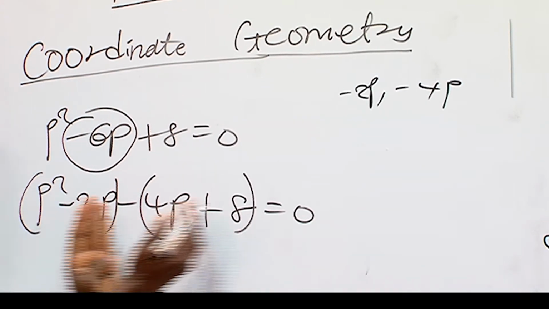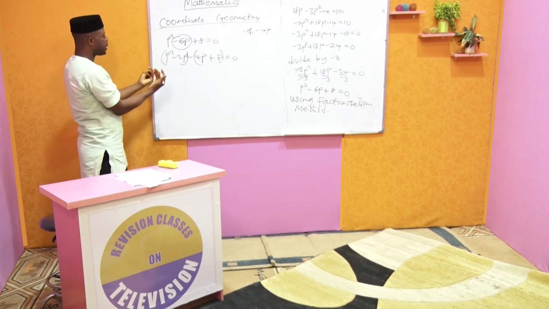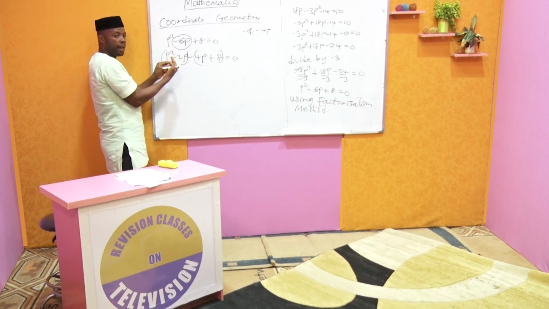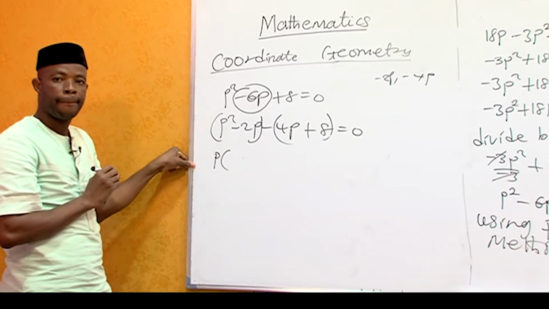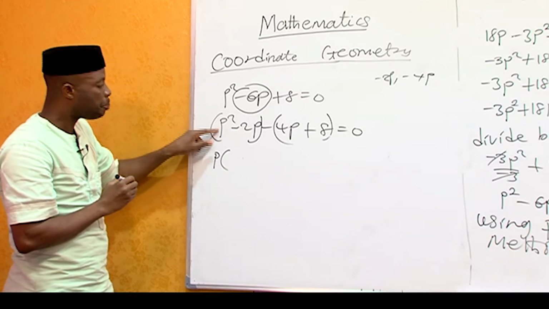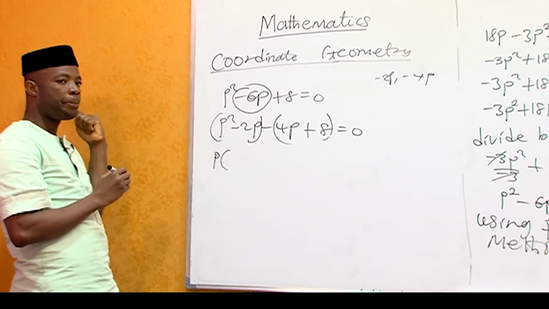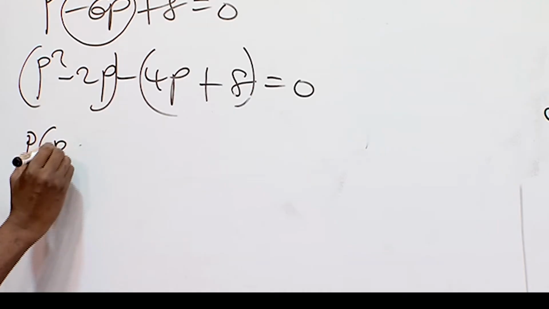Bracket this side and then this side. What is the common factor? What is the figure you can see here and also here? It is p. Then take p out. p divided by p, there's p squared here, and we are taking one p out. There's another p out. That is p minus 2.